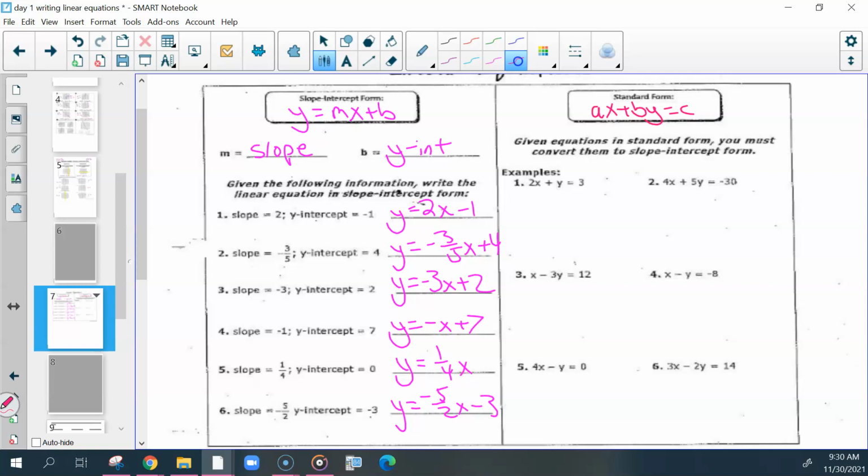Number 1, how would you start this? Yeah, 2x on both sides. Correct. And in this case, those cancel, and you can go ahead and switch these now, or you can write it and then switch it. But y equals negative 2x plus 3 would be our answer there.